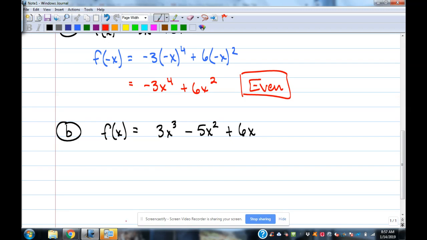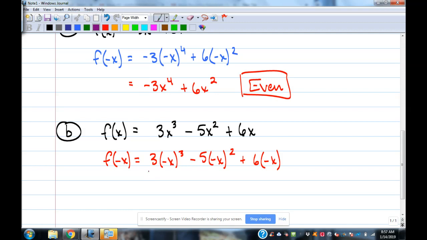So the test for that is to do what? Plug in negative x and work it out. So 3 times negative x to the third, minus 5 times negative x squared, plus 6 times negative x. Okay, so if I take a negative x and bring it to the third power, what's it come back out as? Negative x cubed.